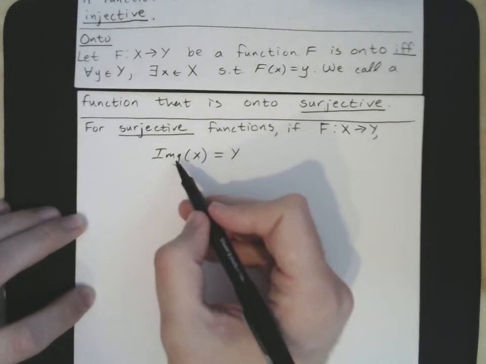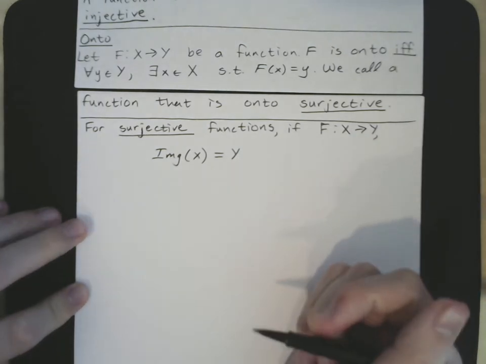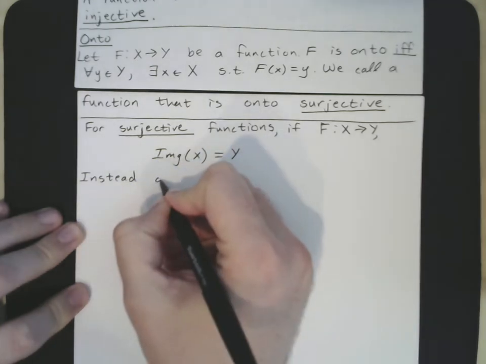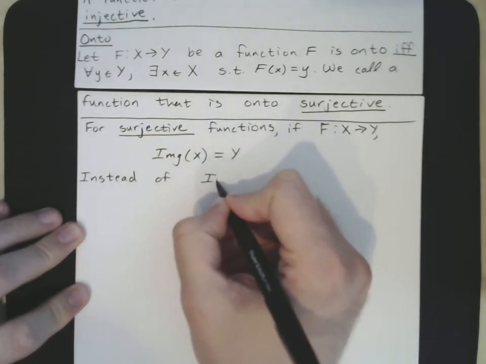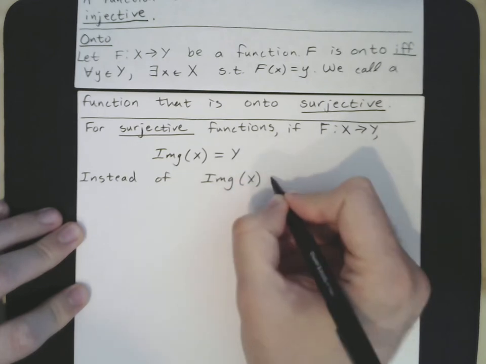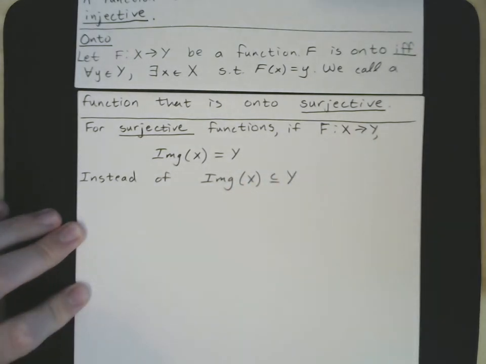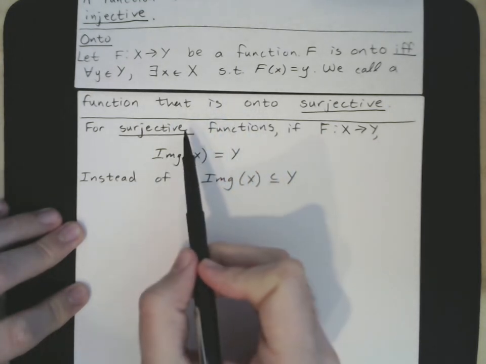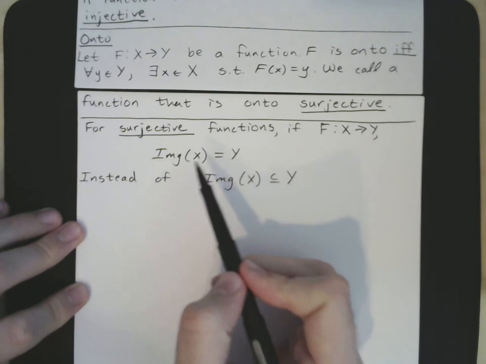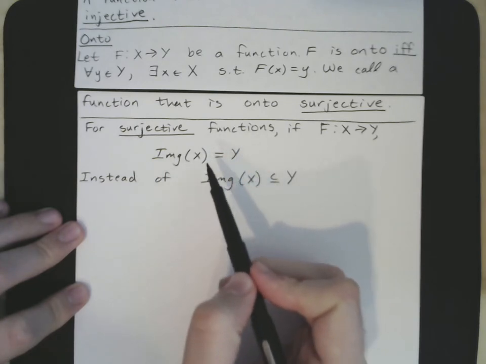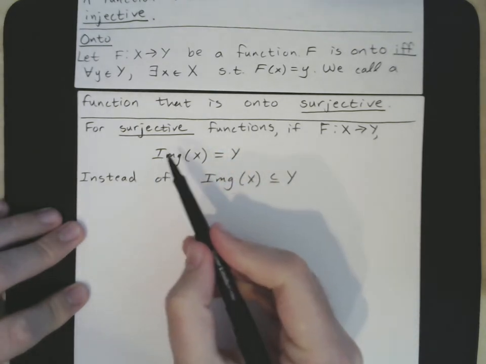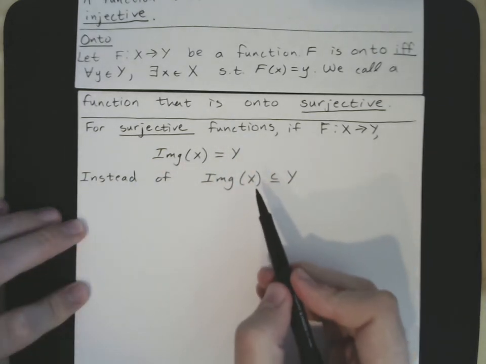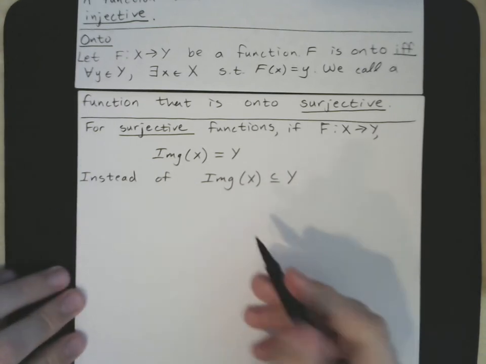So this means that your image is actually equal to your codomain. And remember, this is instead of the usual that we saw in the last section, where the image of our domain is a subset of our codomain. So there's a difference here. So surjective functions or onto functions, it means that their image is the codomain. Their range is the same thing as their image. They map to everything that's in that set. Whereas for normal functions on sets, you don't have to map to everything in your codomain.